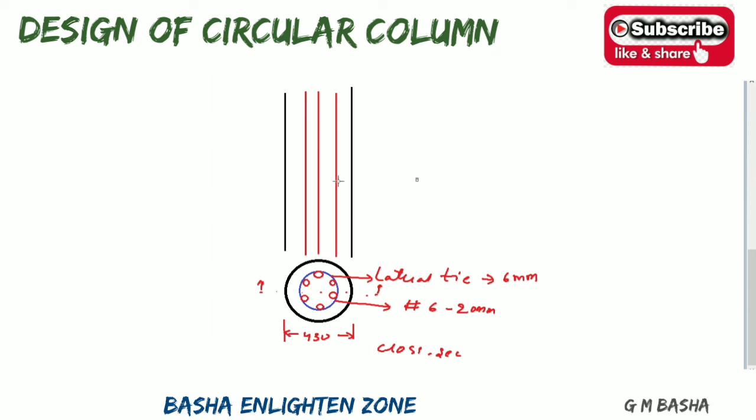And provide this lateral tie of a 6 mm bar with the equal spacing of 300 mm, like this.